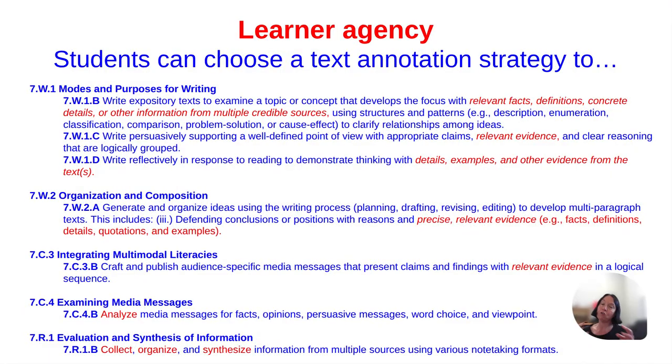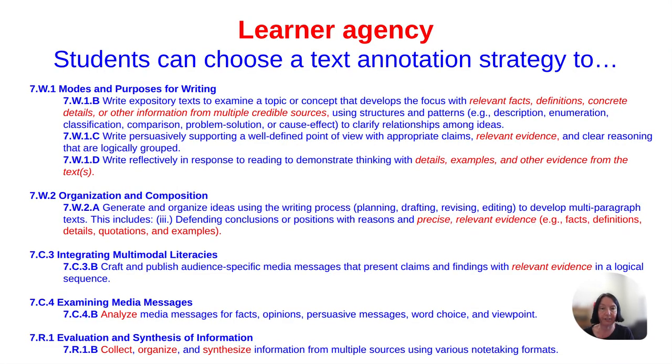This might go well with TREE, if I'm going to do my thesis, my reasons, three or more, and my evidence, and then examining to make sure I have all my parts. Again, that's a nice chance for students to choose some strategies, fit them all together, and then they've had choice in what they're going to do, and they're still headed towards a grade-level rigorous goal.